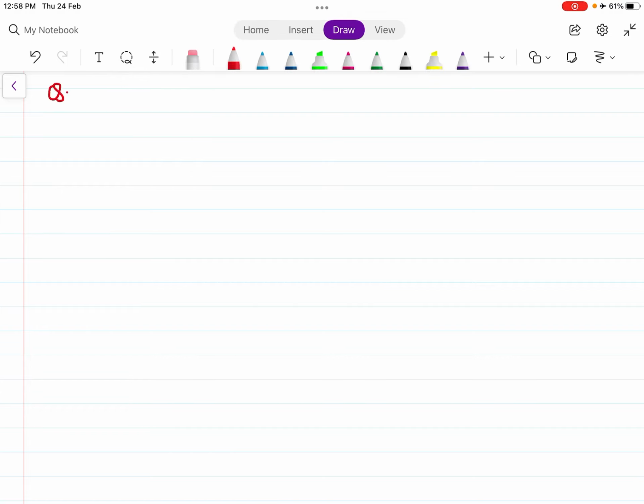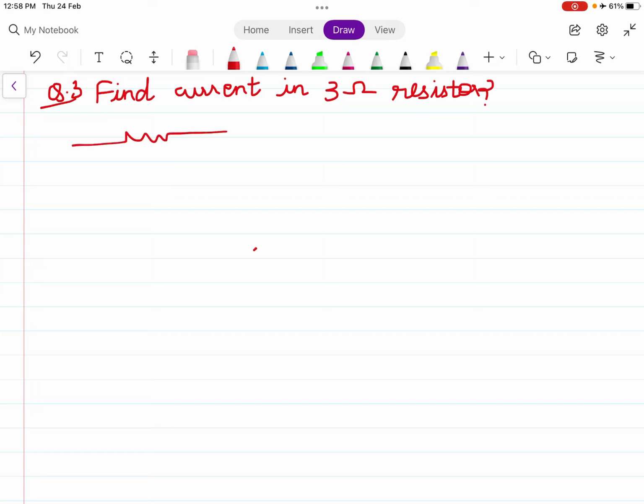Next question is find current in 3 ohm resistor. Find the current in 3 ohm resistor. So this is 3 ohms. This is 4 volts.